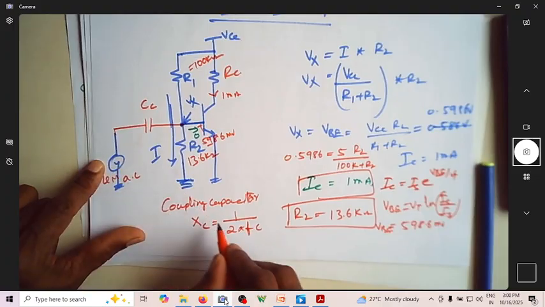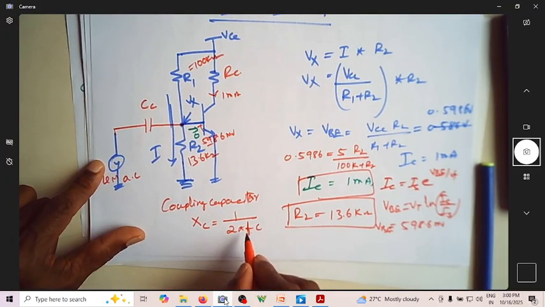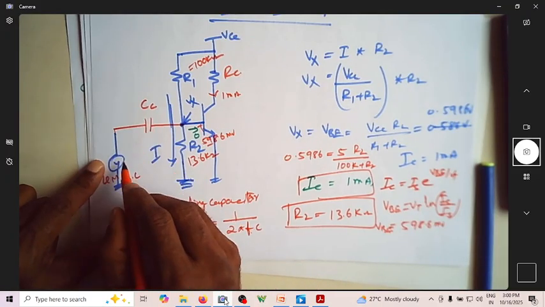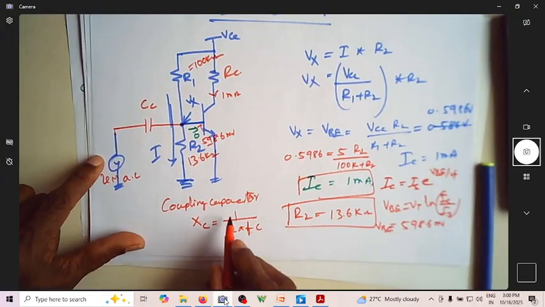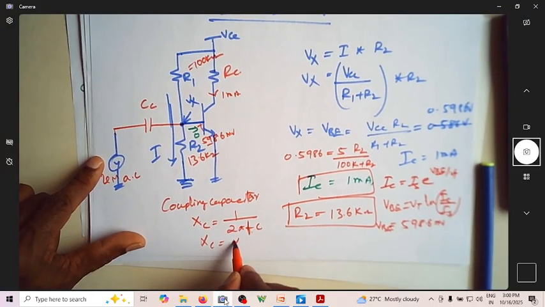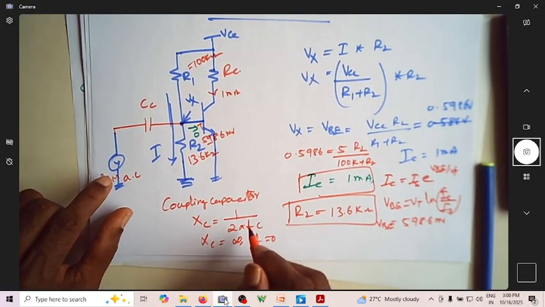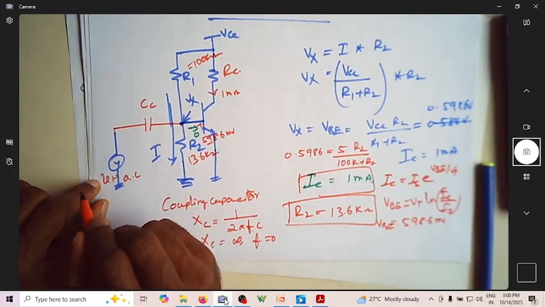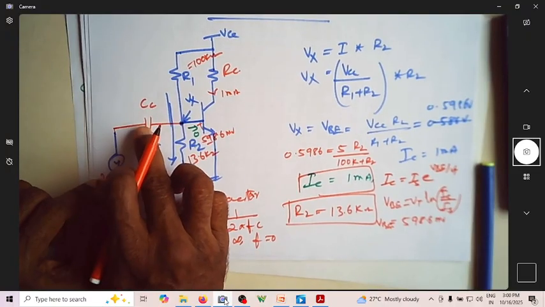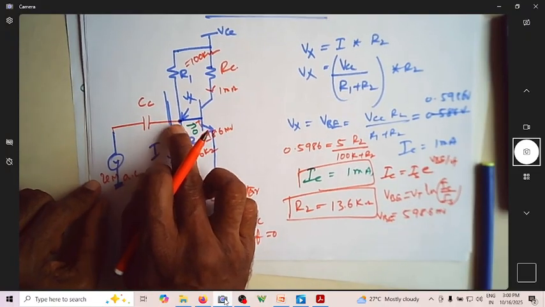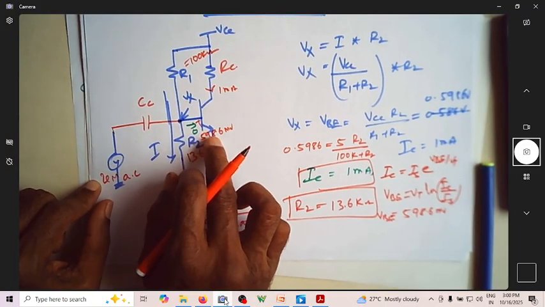If it has got some DC, is the frequency 0? Then what is the XC of this capacitor for a DC signal? The XC of a capacitor is infinite for a frequency of 0, meaning if it has got some DC component, it will not be reaching this point, so that this is not affected.